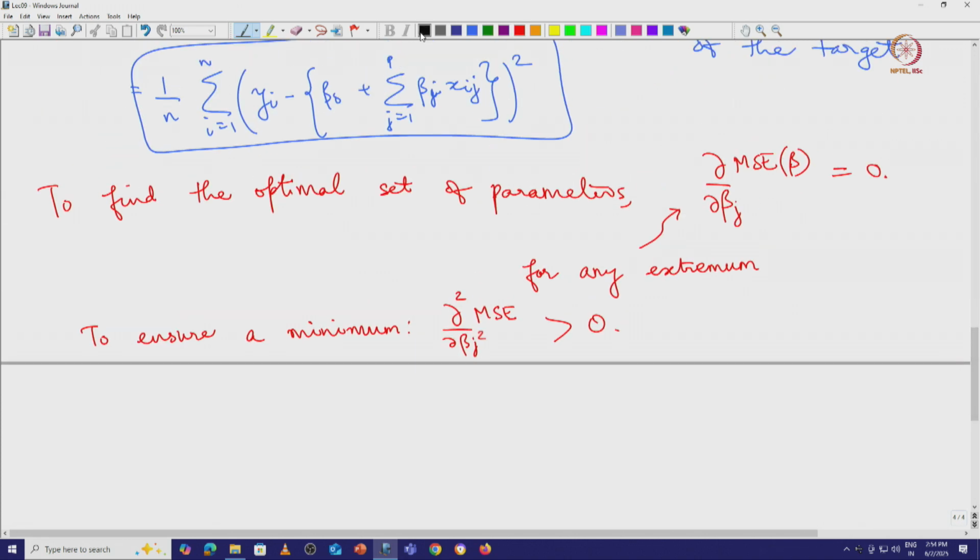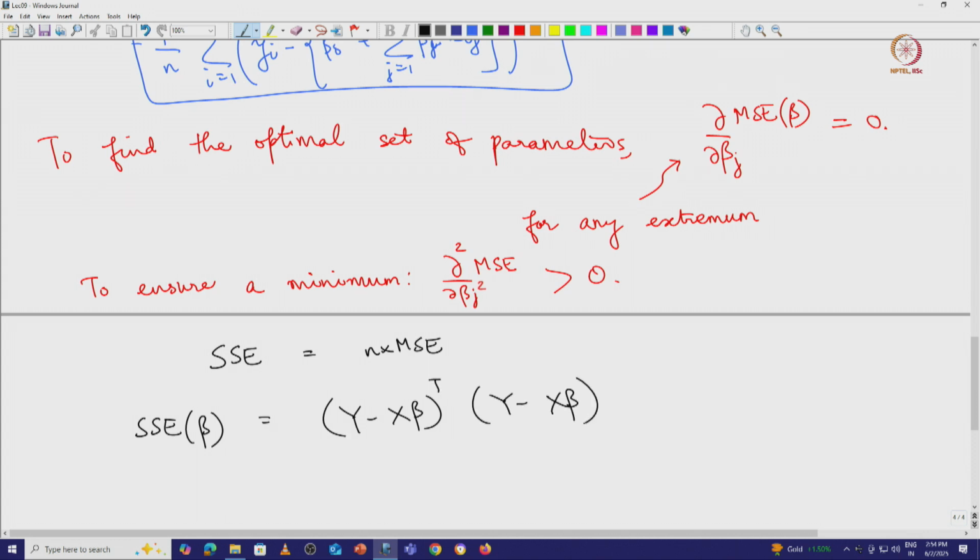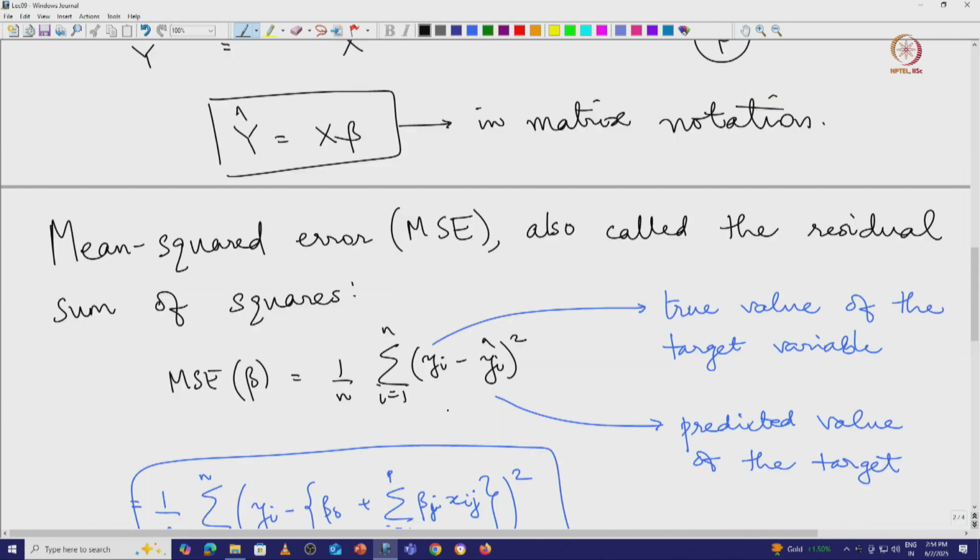Like I said, you can either work with the mean squared error or the sum of squared errors. In what follows, I will simply work with the sum of squared errors, which I already told you is n times the mean squared error. It turns out that the sum of squared errors has a very convenient way to express it in matrix form. It can be written as (y minus x beta) transpose times (y minus x beta), and this follows from what we had done earlier.